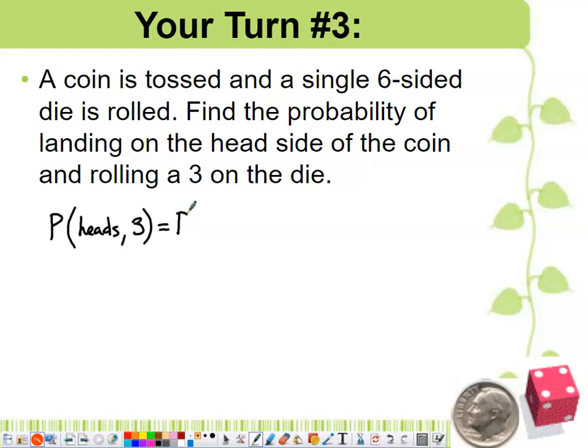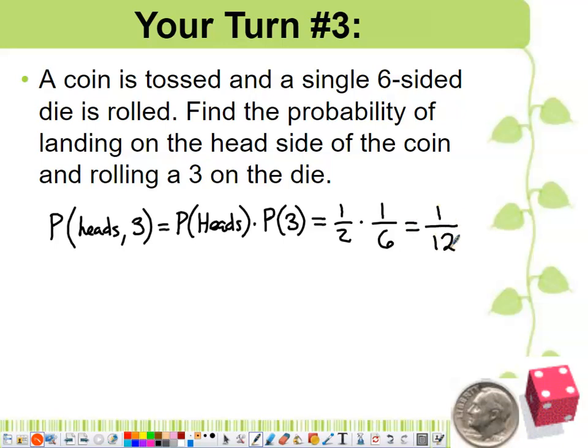So that's just the probability of getting heads, followed by probability of a 3, okay? So the probability of heads is 1/2. The probability of getting a 3, there's 6 numbers on that die, so we only have one 3, so it's just 1 over 6. So we can go ahead and multiply straight across. We have 1/12.